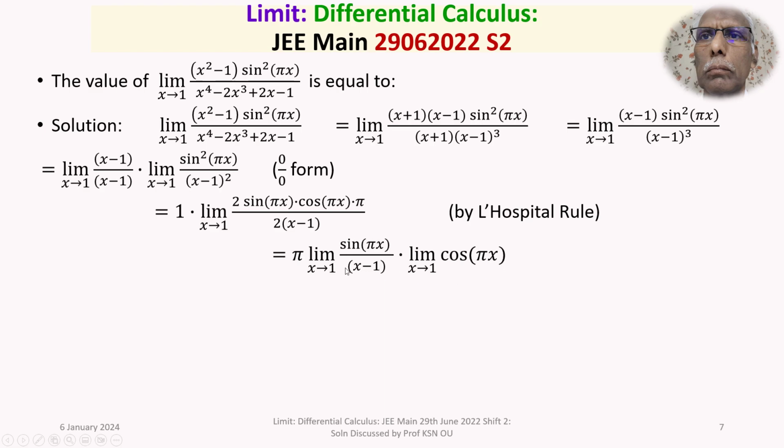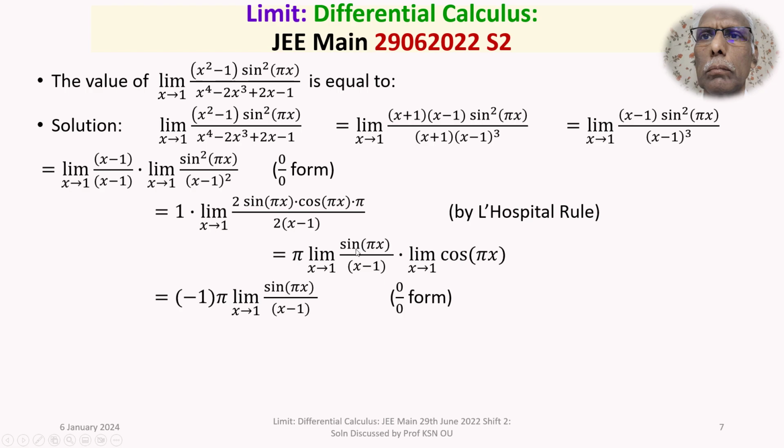Whereas here, as x tends to 1, sine pi is 0 and x minus 1 is 0, a 0 by 0 form. So we use L'Hopital's rule for that, and cos pi is minus 1. So that will be minus 1 into pi into the limit as x tends to 1.